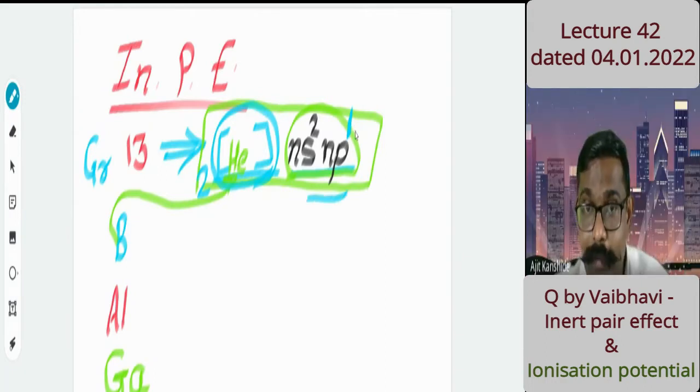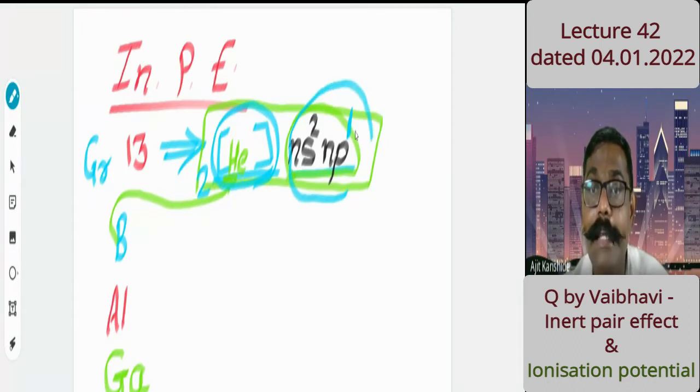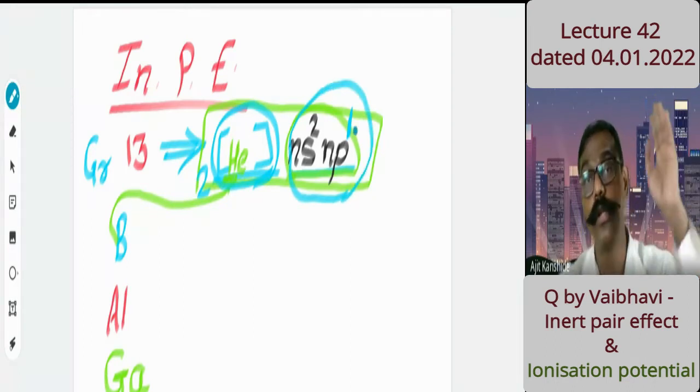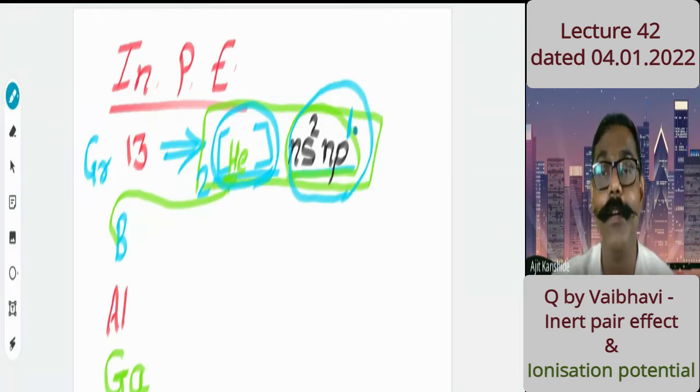So total there are 3 electrons in the outermost orbitals of group 13 elements. So if by any means that element has to give the electron out, then that boron will say, I have the property of 3 electrons, I can give 3 electrons out.